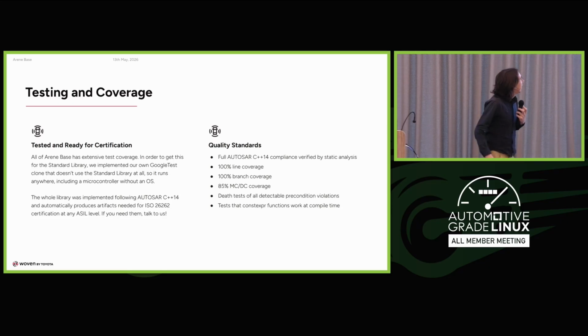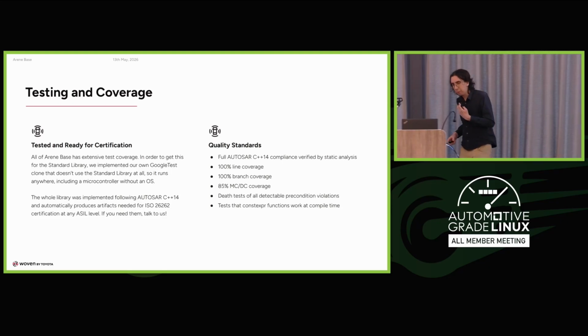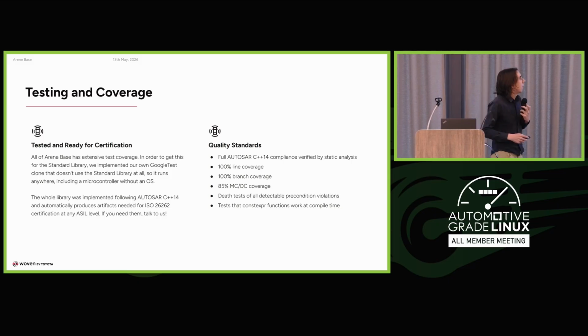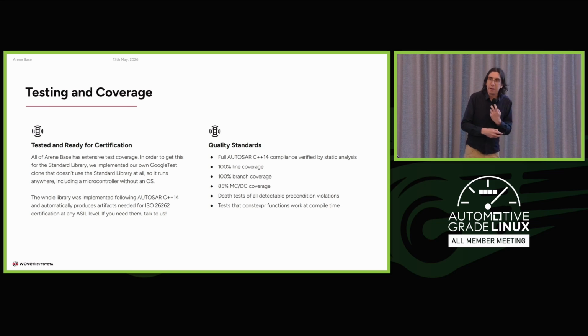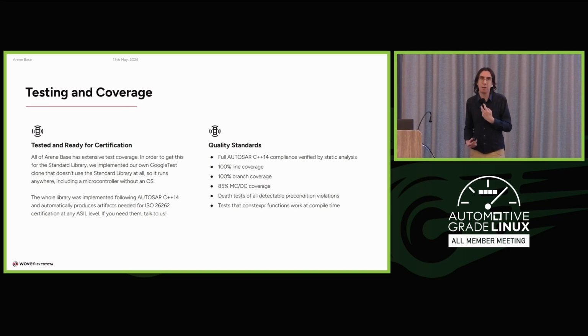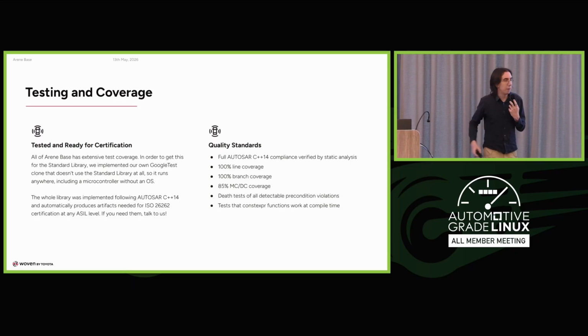So all of Arene, and especially Arene Base, the one that we released yesterday, is implemented following ISO 26262. We produce all of the evidence that you need for this automatically in response to every single commit to the main branch. We have full AUTOSAR C++14 coverage, verified by static analysis.